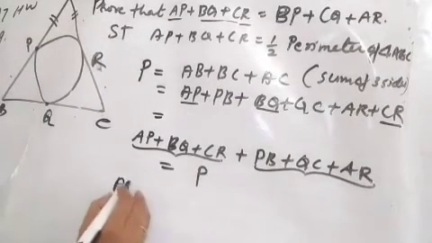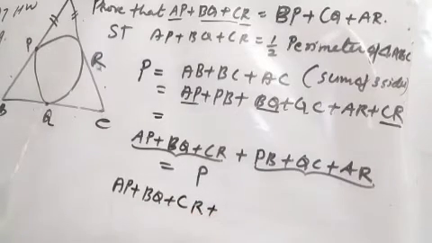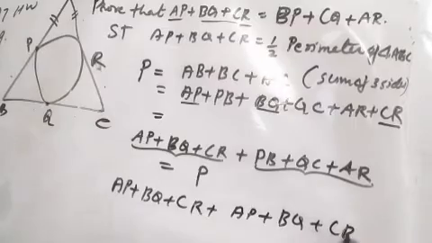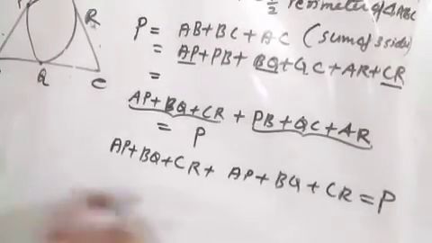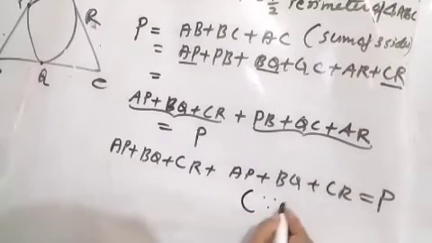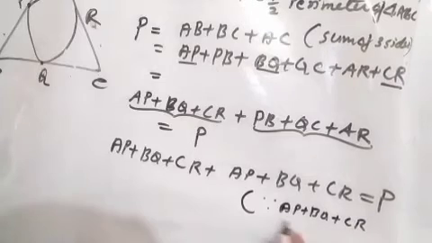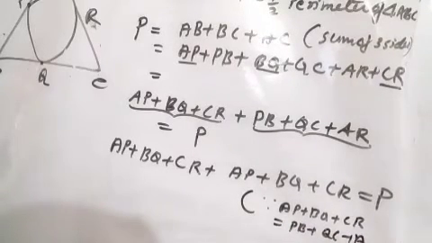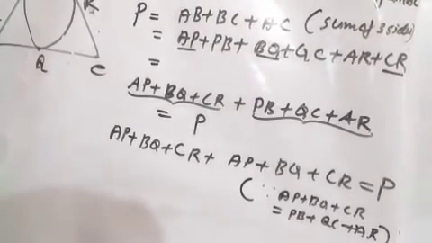So let us replace: AP plus BQ plus CR plus again AP plus BQ plus CR equals the perimeter. Understood? How can we write this? Since AP plus BQ plus CR is equal to PB plus QC plus AR, these two sums are equal, which we proved already. So we can replace.